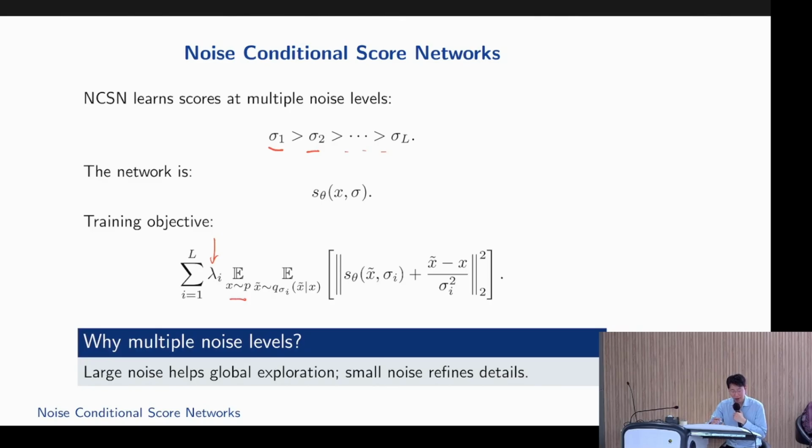Here, you first sample X, you corrupt it with Gaussian noise, and the score network takes as input the corrupted image and the current noise level, and tries to estimate the conditional score. The authors of the paper argue why try multiple noise levels: a large noise level helps global exploration, and a small noise level refines the details of the image.